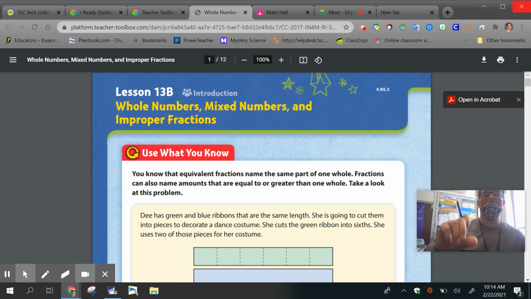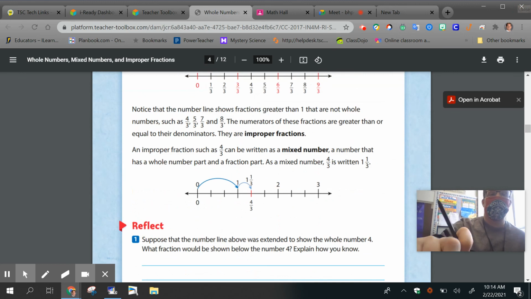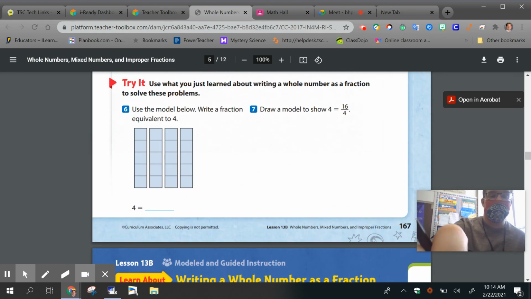So we have a quick lesson. Then we're going to have a guided practice, which you are going to get into your small groups to work with each other. Then you'll have independent practice for homework. Okay.